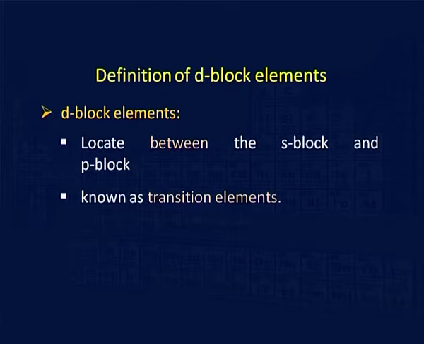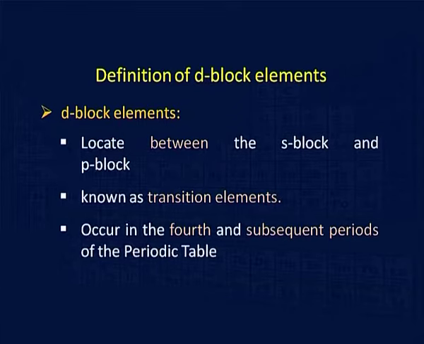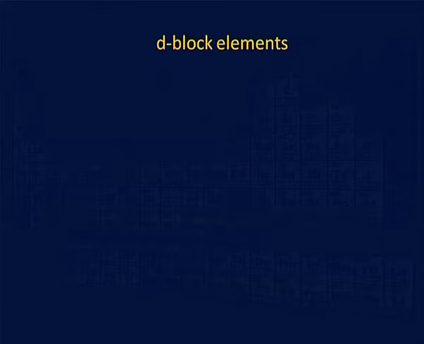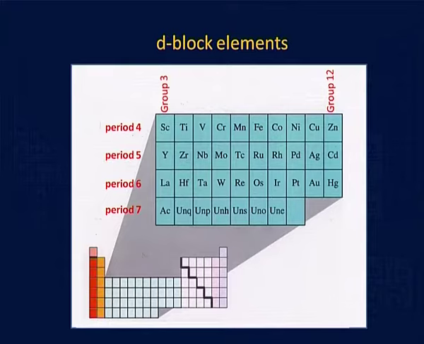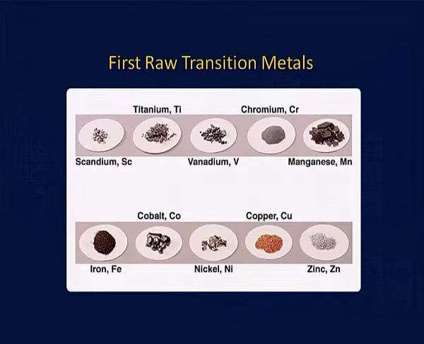It is not just the location of these elements within the periodic table that gives them the name transition element, but according to the IUPAC definition, it requires at least one D electron in its electronic configuration. So, this is how the transition series or D block elements are located in the periodic table, between the S and P block elements.